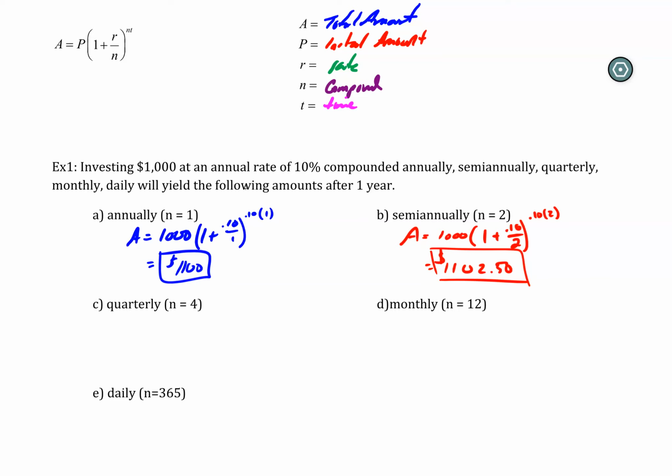Quarterly, that's 4 times a year in this case. So that's 1,000 times 1 plus 0.10 over 4, to the 0.10 times 4. This is going to give us 1,103.81.